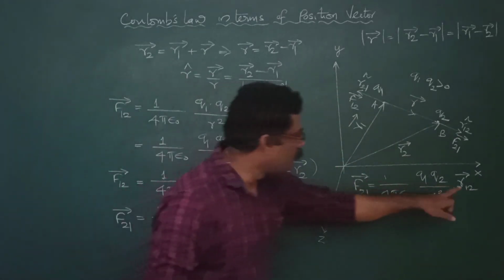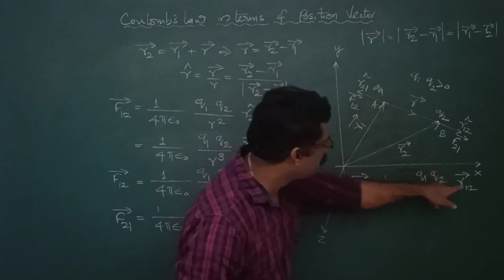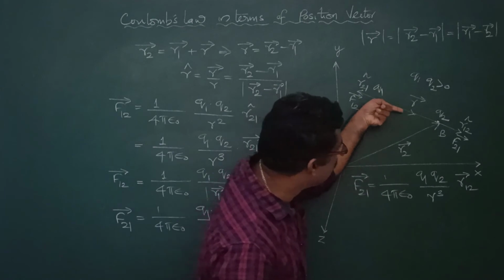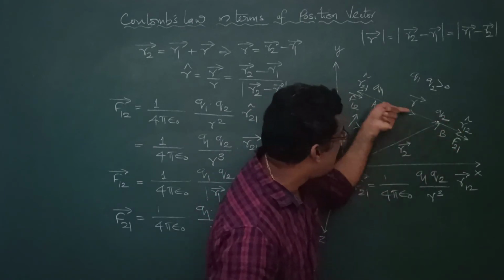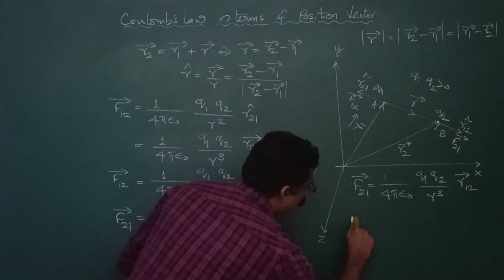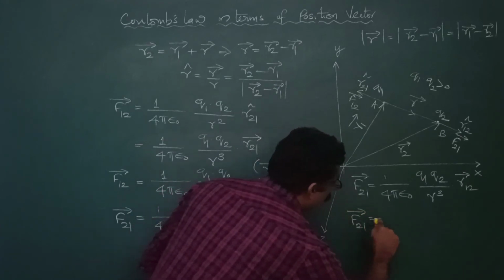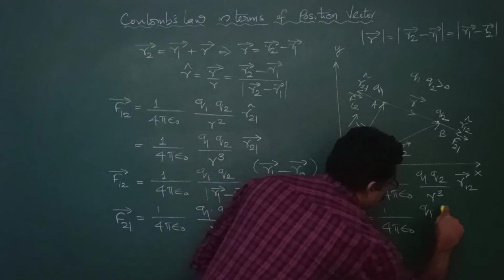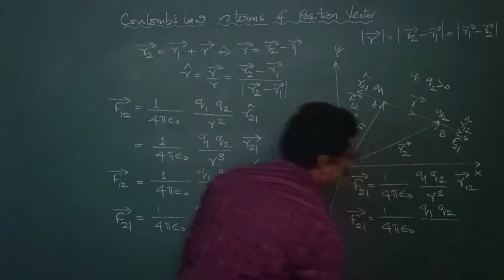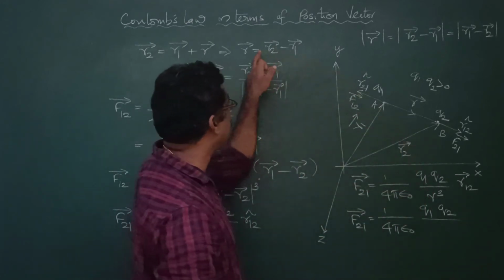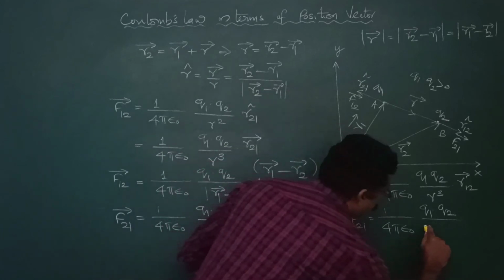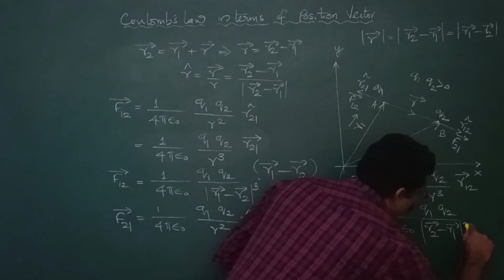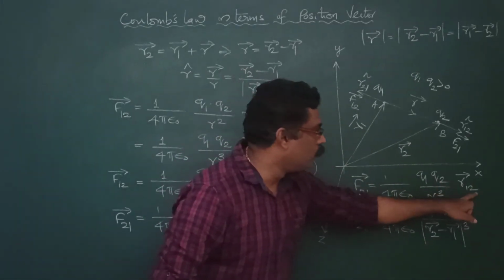Okay, what is r12 vector? The magnitude of r12 vector is actually vector r, and its direction is again in the direction of r vector. So you can write f21 vector is equal to 1 by 4 pi epsilon 0 into q1 q2 divided by r cube, the modulus of the vector r2 minus r1, that is modulus of r2 vector minus r1 vector cubed, into r12 vector.